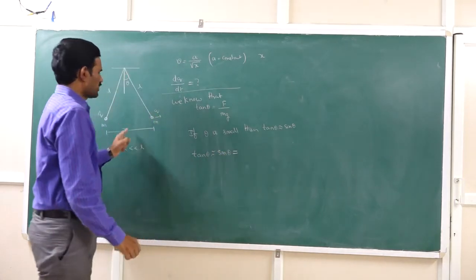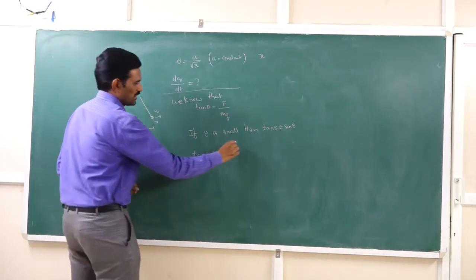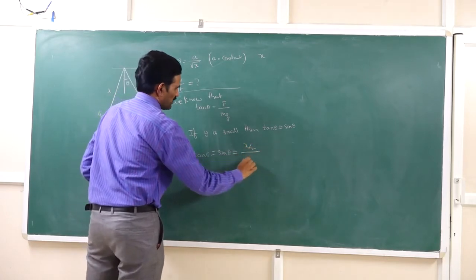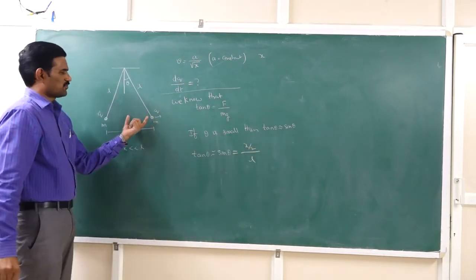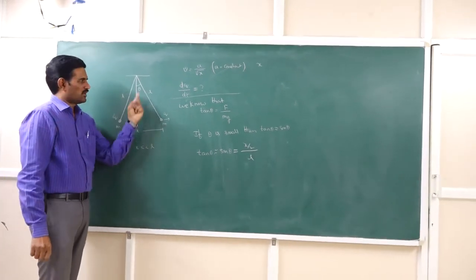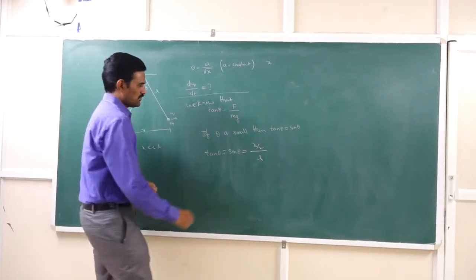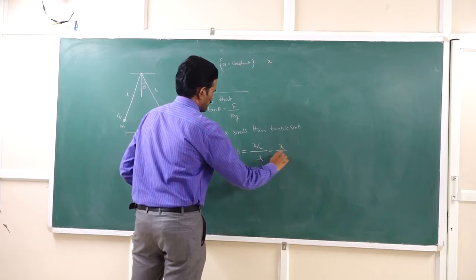The sin theta value we can write as x by 2 over L, that means opposite side x by 2 over hypotenuse L, which I can write as x by 2L.